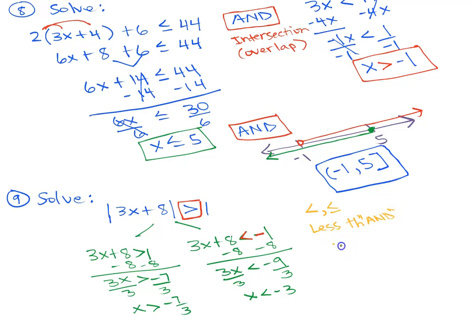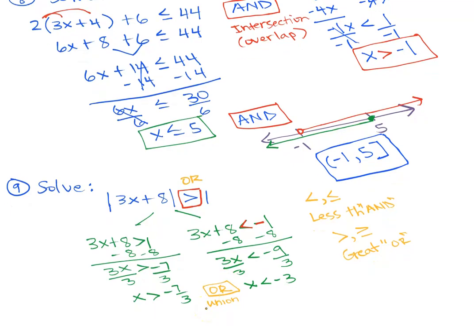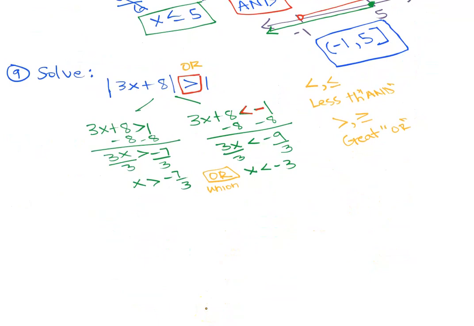But if you have a greater than or equal to, think of it as greater, an or statement. This one has a greater than symbol, so it's an or statement, and we're looking for the union, which means we want everywhere those graphs show up.